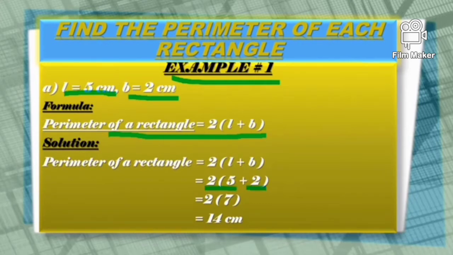According to BODMAS rule, first solve the bracket. Now add 5 plus 2, which is equal to 7. Now multiply 7 by 2. We will get 14. 14 centimeter is the perimeter of a rectangle.